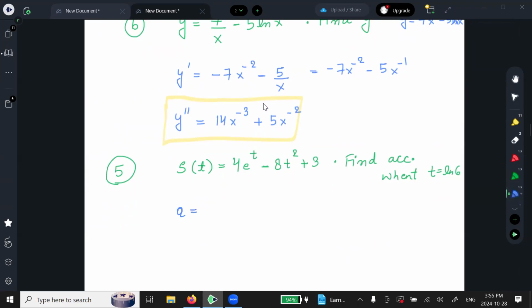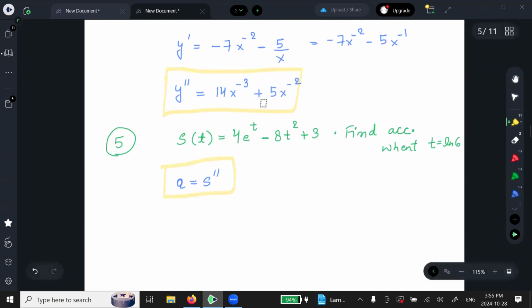Acceleration is the second derivative of the position function. And this also, you have to memorize. Second derivative of the position function. What is the first derivative? Good job.